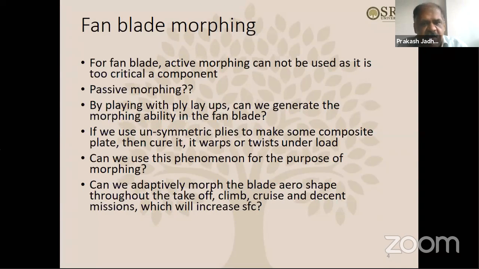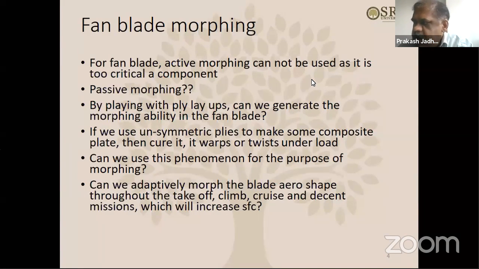So what we were trying to do is, can we purposefully use the unsymmetric plies to create some kind of warp and twist, which can be used as morphing, and that will give the efficiency benefit. But at the same time, we should not lose the structural integrity of the fan blade. So this is what our project was about. So can we use this phenomenon in a reverse way for the purpose of morphing?